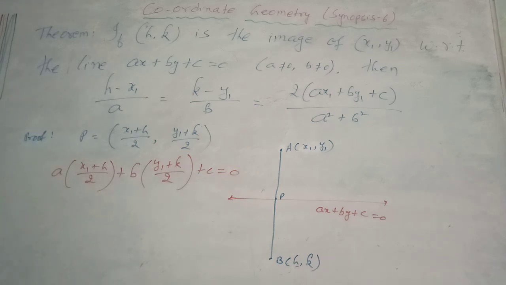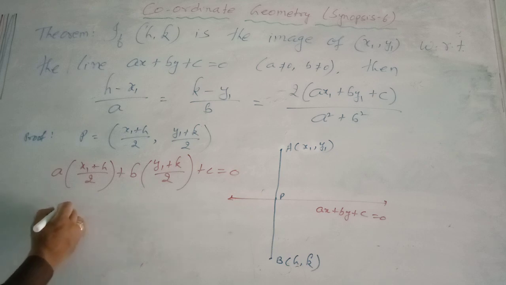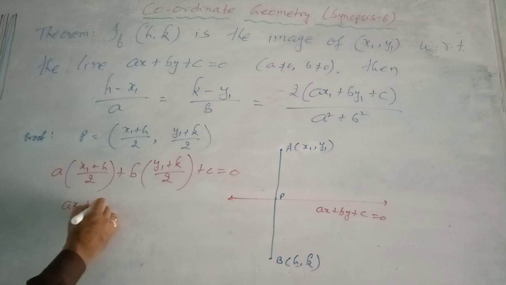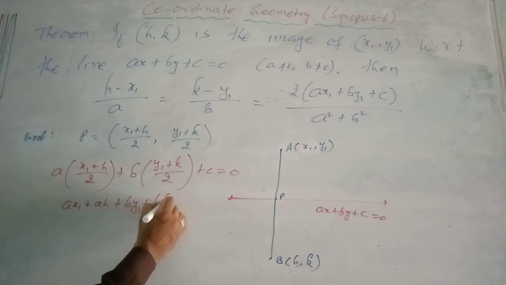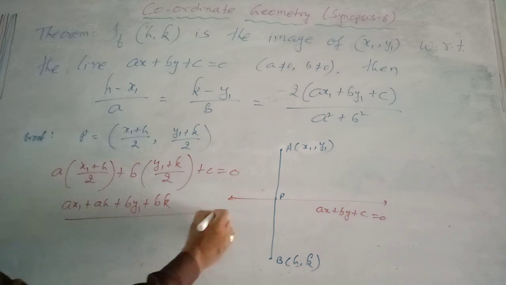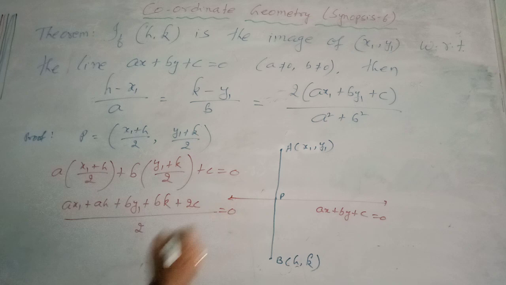Now just multiply this. If I multiply, I get ax1 plus ah plus by1 plus bk by 2 plus 2c is equal to 0.